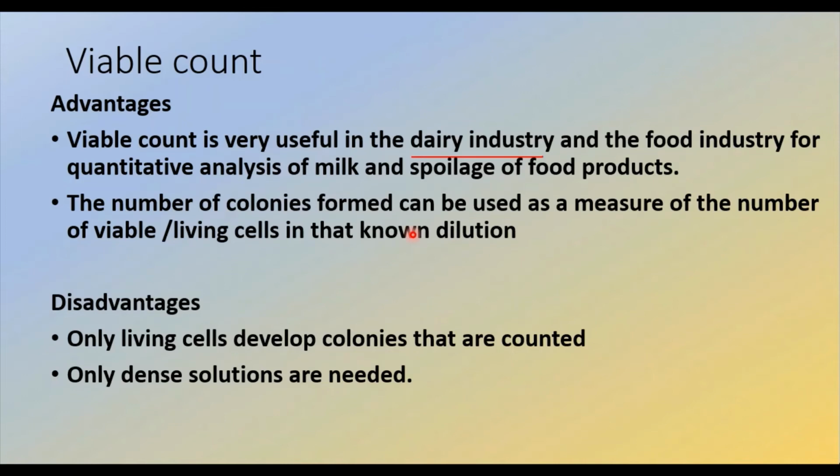We also have some disadvantages with this one. By using the viable count we can count only the living cells, and the other one is that dense solutions are needed to get accurate colony counts. So these are the two disadvantages of the viable count.